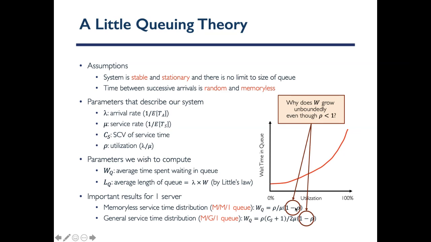So that's what describes this situation. So as rho goes to 1, so as your utilization goes up, 1 minus rho becomes 0. So this WQ goes to infinity in both cases. And that basically describes why this tends to be the way it is.